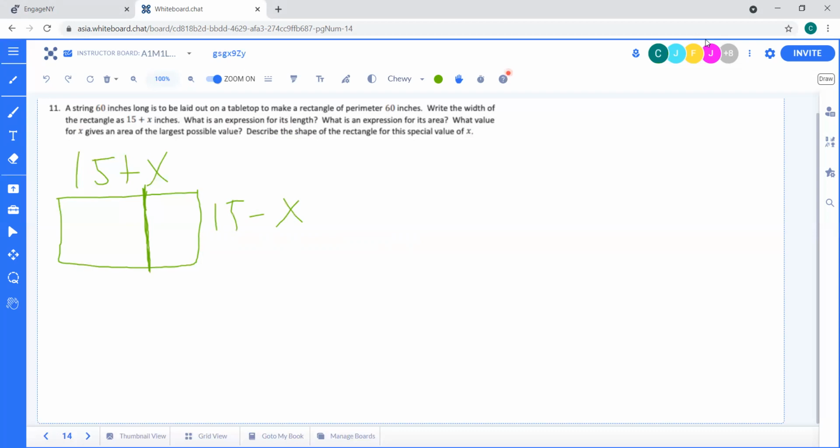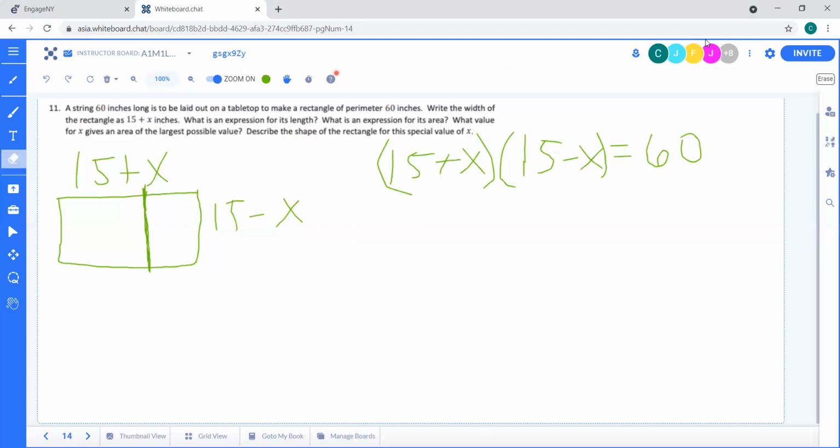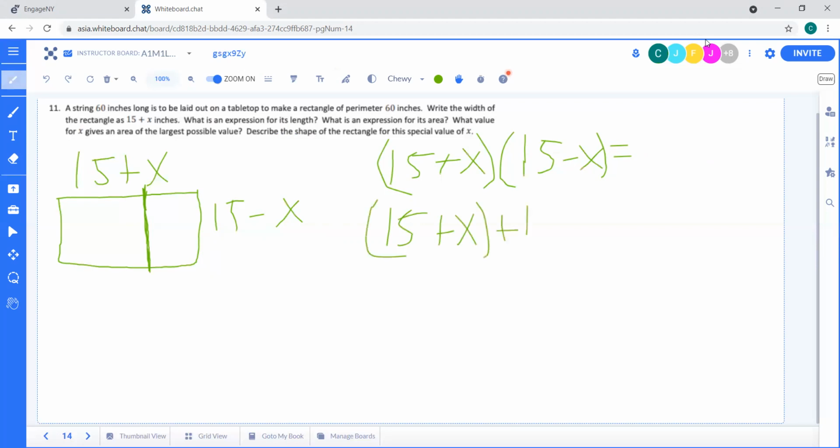We could do that because we know that 15 plus x times 15 minus x is going to give us, nope, that's going to be the perimeter. 15 plus x plus 15 minus x has got to equal 60 for it to be the perimeter.